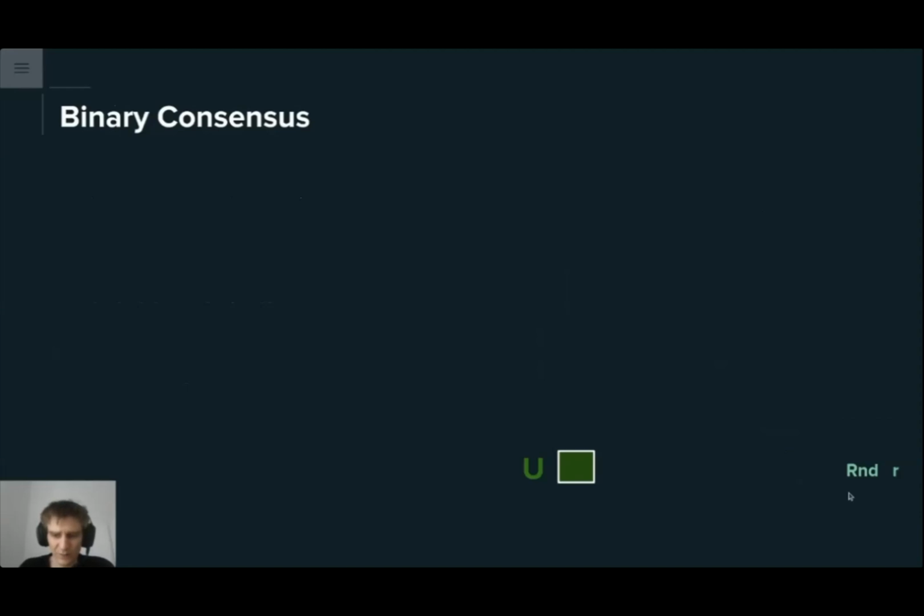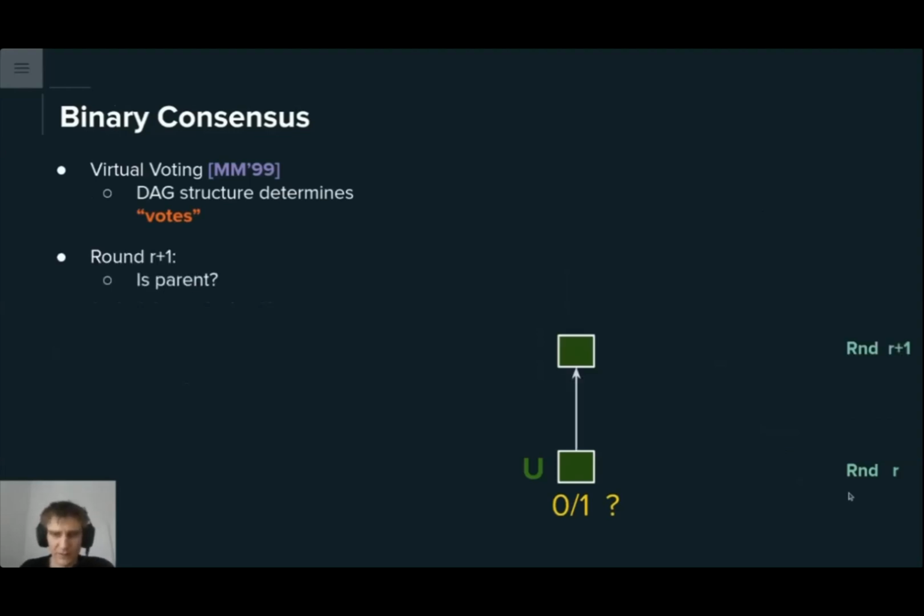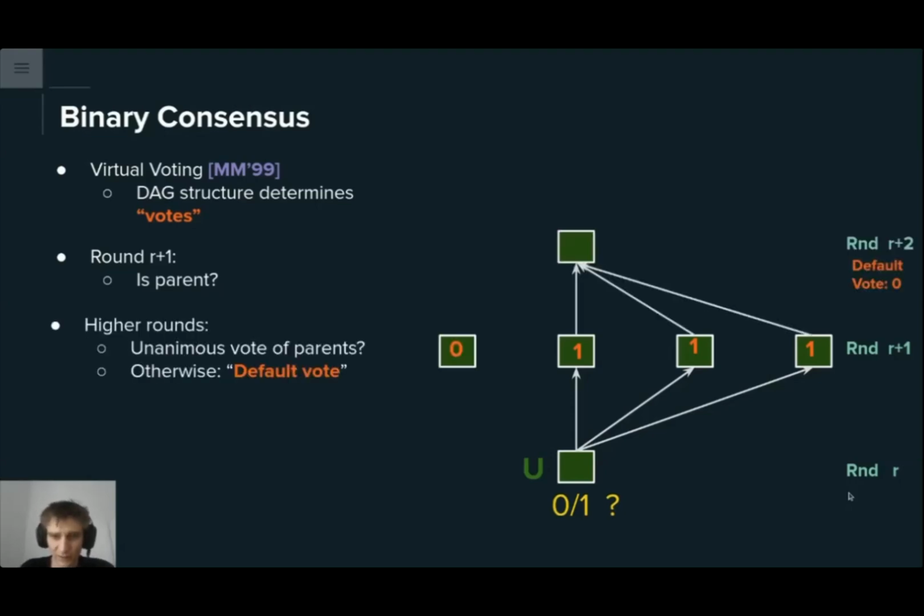Awesome. So how do we perform the consensus on availability? This is where the idea of virtual voting comes in. Given a unit U, the other units which are above it will vote on whether it is available or not, and the votes will be virtual, meaning they will follow directly from the structure of the DAG. In this example, for the round directly above the unit U, the voting rule says vote 1 if this is your parent and vote 0 if it is not.